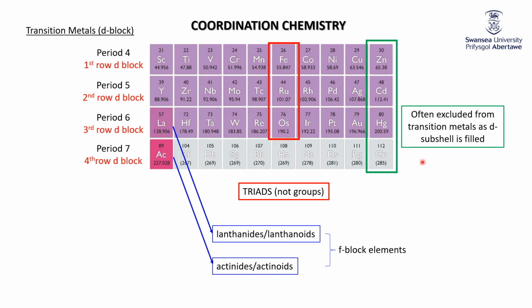But quite frankly, if you exclude zinc, cadmium, and mercury from the transition metals, A, what are they? But B, you lose some important conceptual emphasis there. So I'm going to keep calling these transition metals. I'm going to keep calling them D block metals. And if you don't like it, well, you can go and find another video series. Actually, just kidding, but it's always important that you understand why certain things are as they are and what the objections are to them.